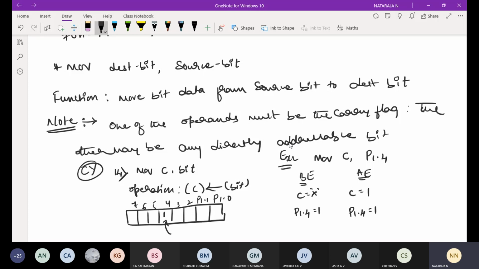This is just an example. Before this instruction, in port 1 we have some data, say FF or 0F. 0F means 0, 0, 0, 0, 1, 1, 1, 1. Port 1.4 means P1.0 to 1.4, and at this instant P1.4 will be 0. If I need to move P1.0, what is the value? We have 1, that I am going to move. Am I right?